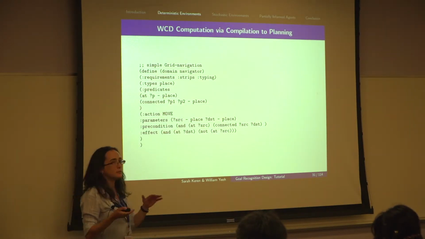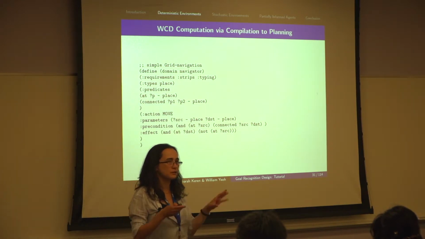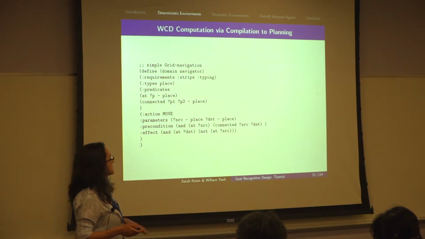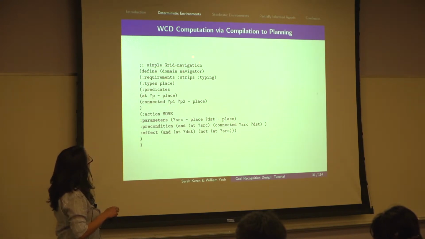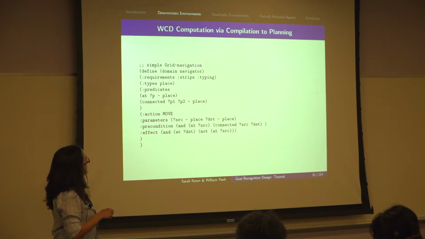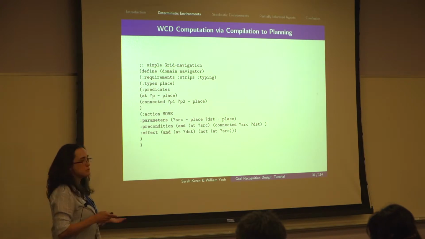Okay, a little bit of STRIPS, just to ground this into something that you may know. We take the grid navigation problem, which is just the typical one: we have connected places between which agents can move, and we just have the move action.